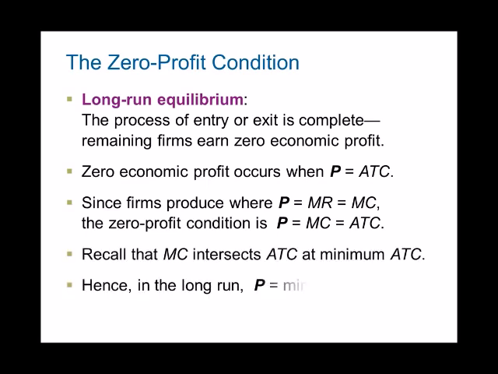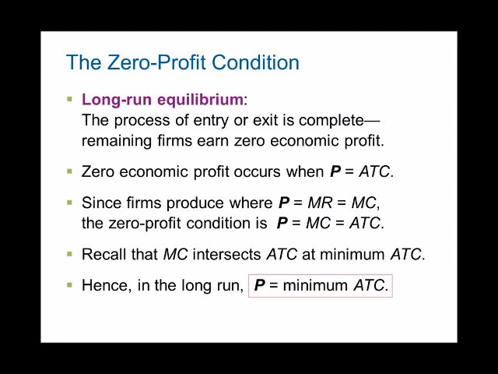And so eventually in the long run, if your industry didn't kill you, it made you stronger, you survived it, you can produce the output in the most efficient way possible, so you can produce it at the lowest average total cost. So your marginal cost passes through the point where your average total cost is the minimum. So in the long run, your price is also at the point where average total cost is minimum.